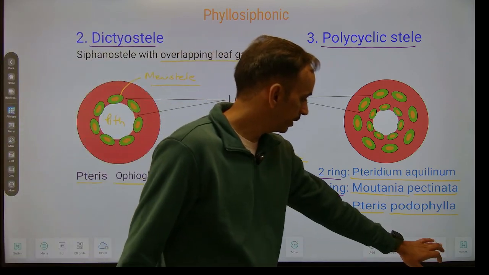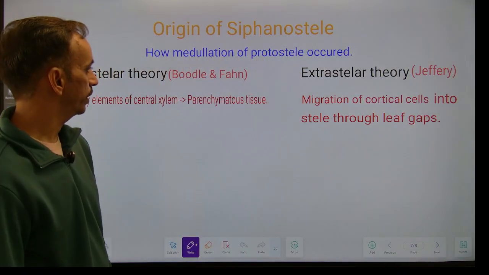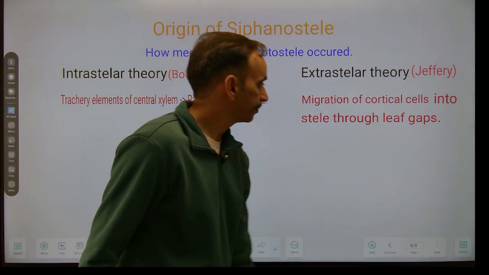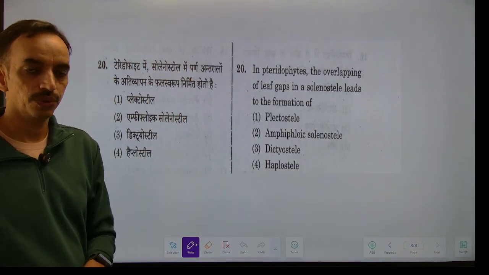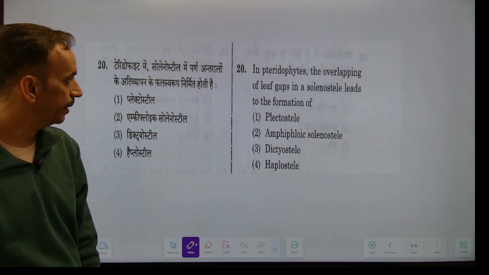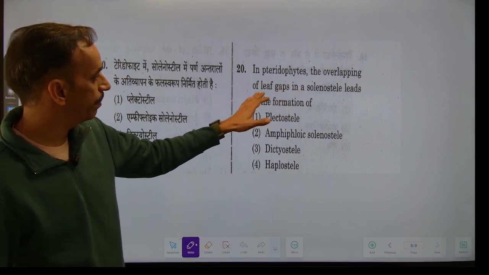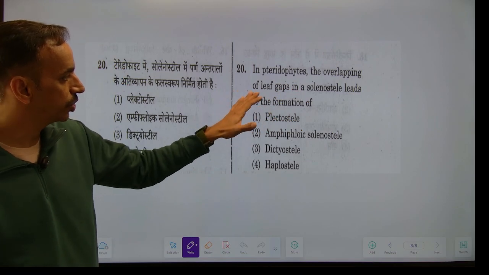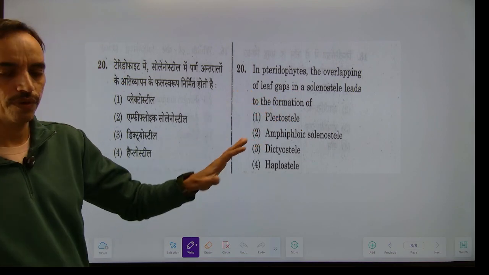एक क्वेश्चन जो अभी रिसेंटली आपके 2022 के अंदर आरपीएससी हुई थी, उसमें एक क्वेश्चन आपको पूछा गया था स्टीलर सिस्टम के, उसमें क्वेश्चन भी ले लेते हैं अपन. In pteridophytes, the overlapping of leaf gaps in a solenostele leads to the formation of.